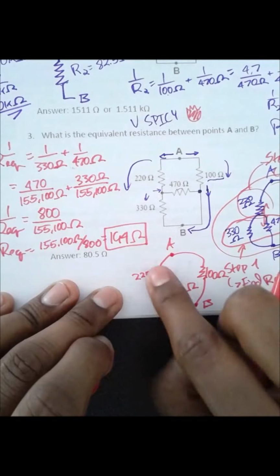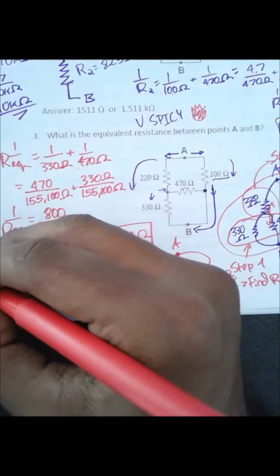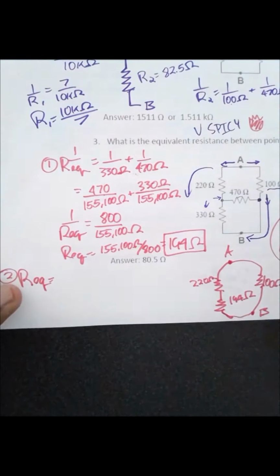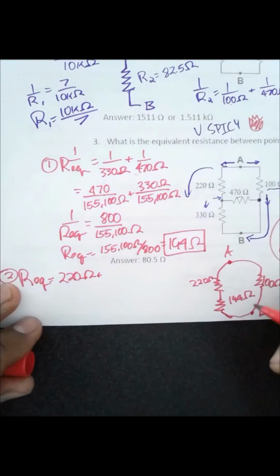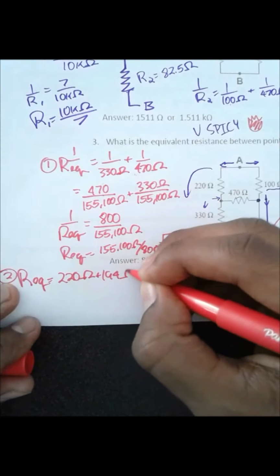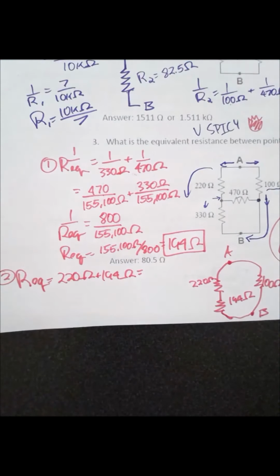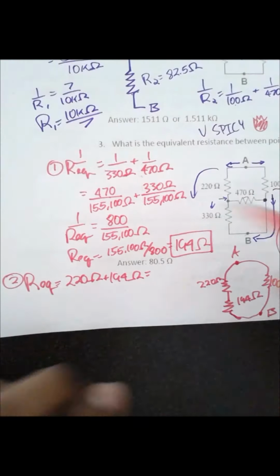And that's easy because we know that when you're finding resistors in series, we just add them. So we got 220 ohms plus 194 ohms is equal to 414 ohms.